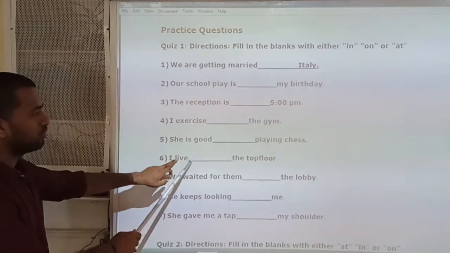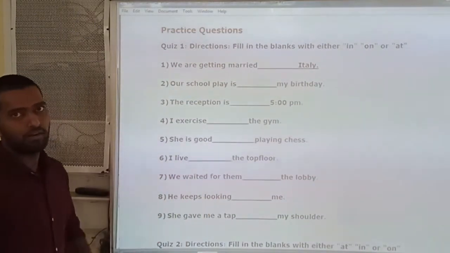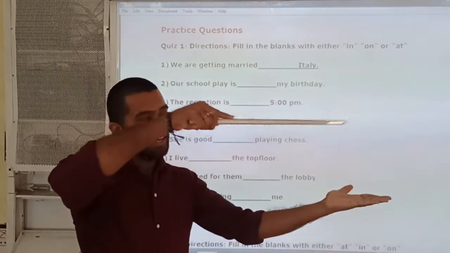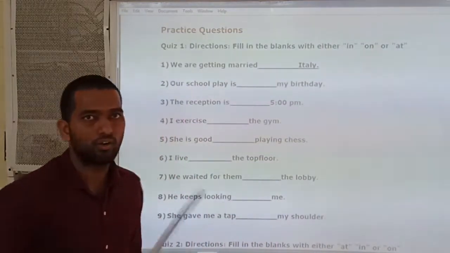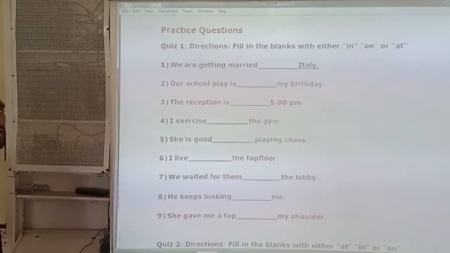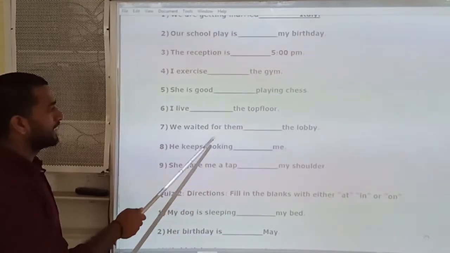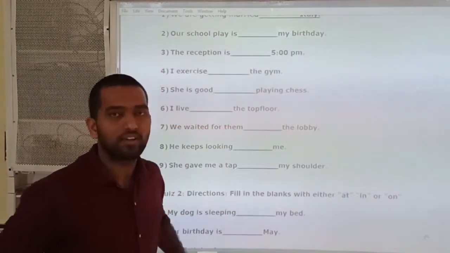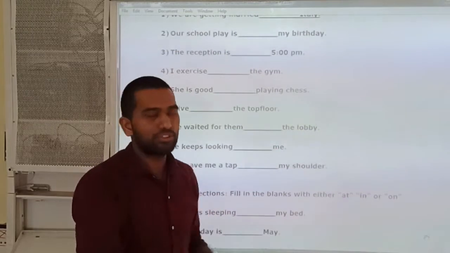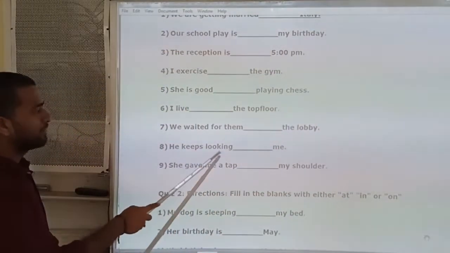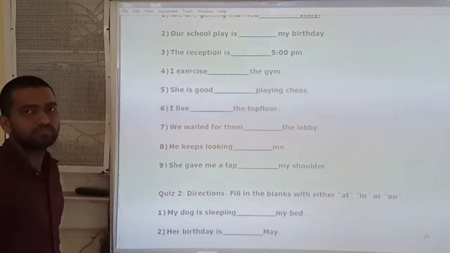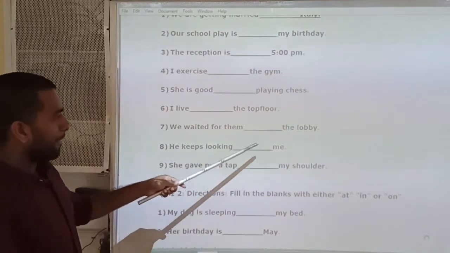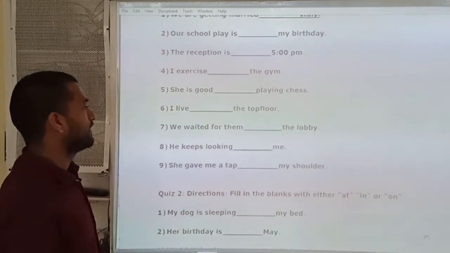Next, I live on the top floor. Top floor is here, and we say on the top floor, to refer to a surface. Next, we waited for them in the lobby. Lobby is a place, so we use the preposition in. He keeps looking at me. See, this is one type of sentence.